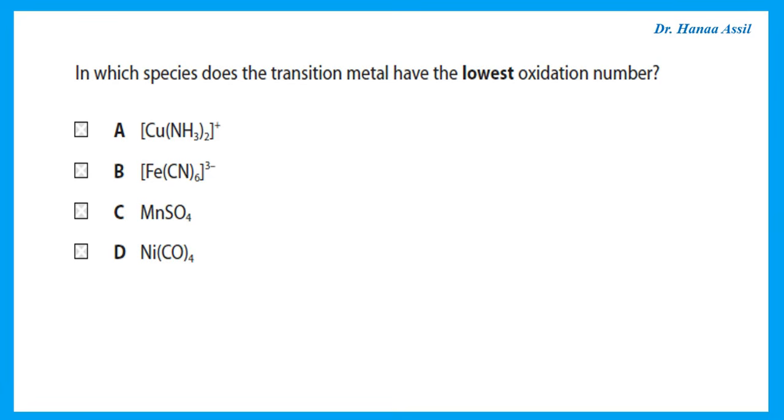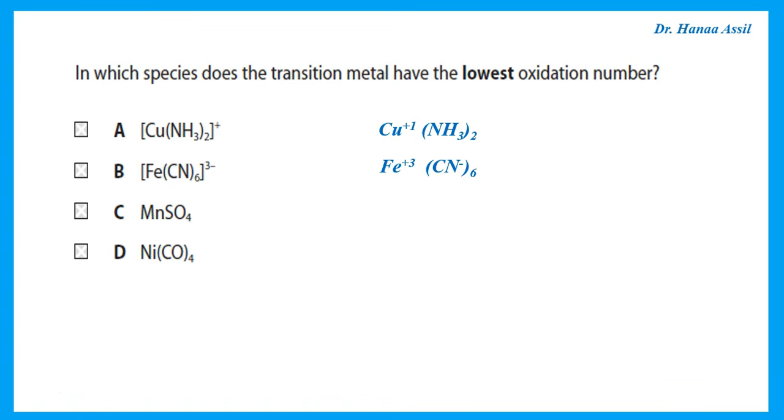In which species does the transition metal have the lowest oxidation number? Well, how do we know? Well, that depends on the charges on the ligands and the overall charge. So, for example, if I say copper with 2 ammonias and the overall charge is +1, remember each of the ammonia does not have any charge on it, so that means the +1 is the charge of the copper. Now, iron with 6 cyanides, we said each cyanide is -1.